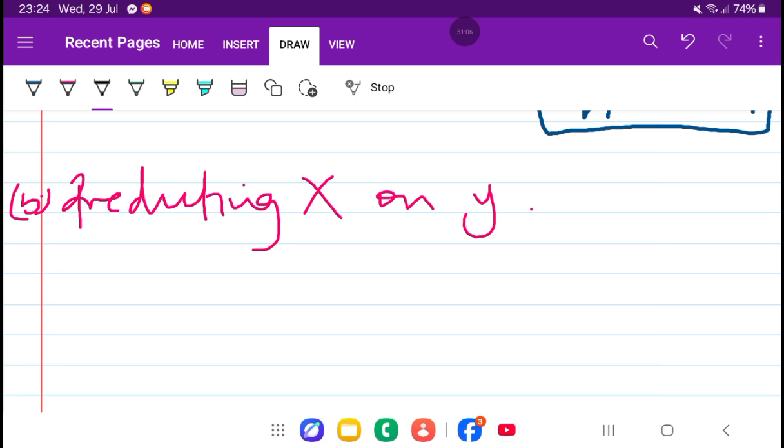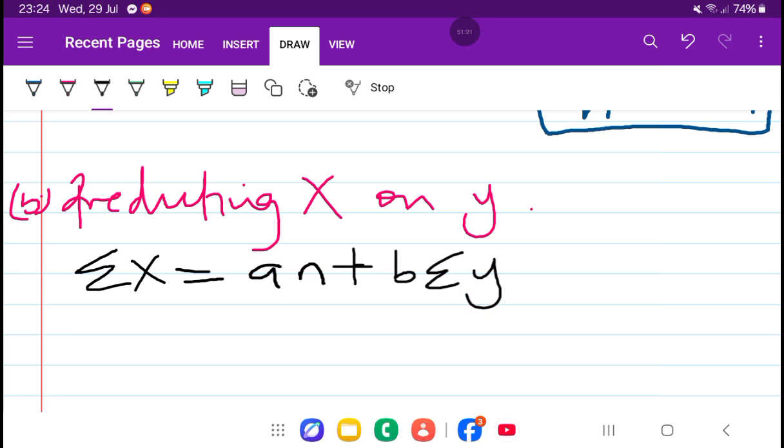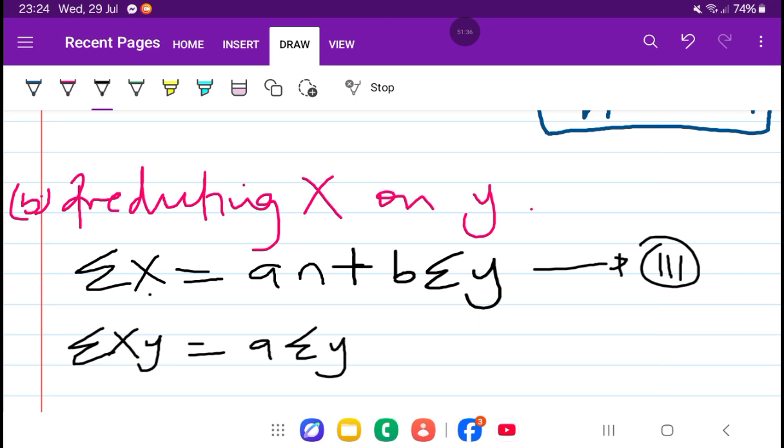So the equation is going to be summation x equal to an plus b summation y. We are just changing summation y. Here the x value is the one that is starting. So we can call this equation 3. Then this one will be summation xy equal to a summation y plus b summation y squared.